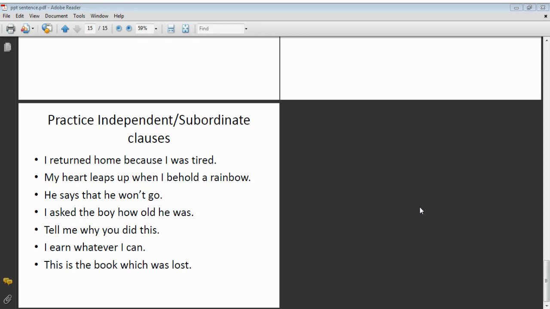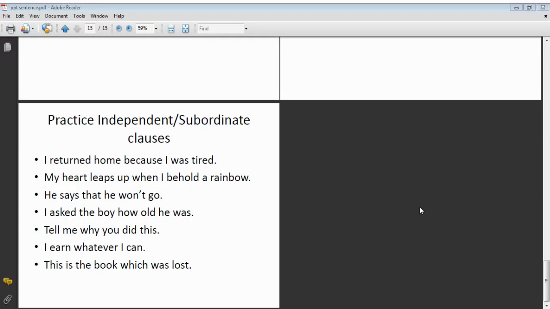He says is an independent clause. That he won't go is a subordinate clause. It is beginning with that, a subordinating conjunction. I asked the boy is an independent clause. How old he was is a subordinate clause because it is beginning with a subordinating conjunction, that is how over here.